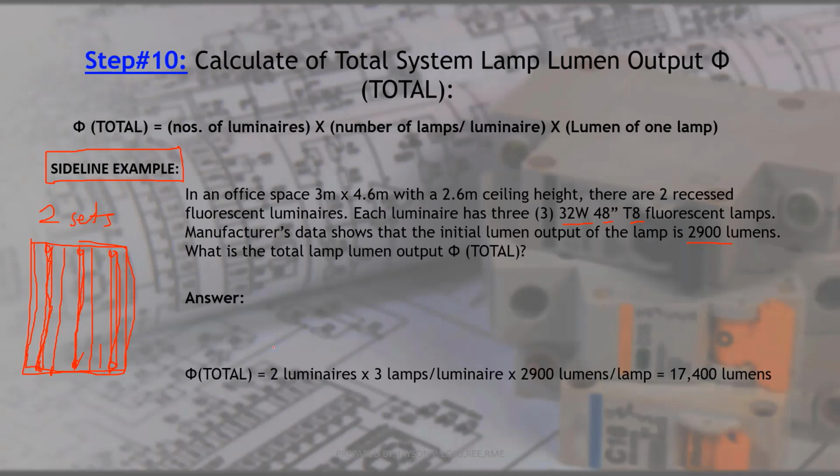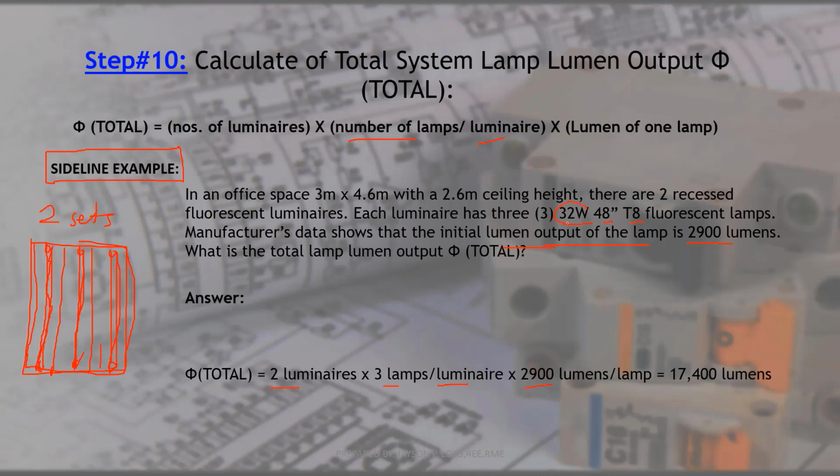So as you can get, the formula is how many luminaires are used? 2. Number of lamps, meaning three lamps per luminaire. So one luminaire is your fluorescent luminaire or the housing. Then the lumen output of the lamp per fluorescent lamp.